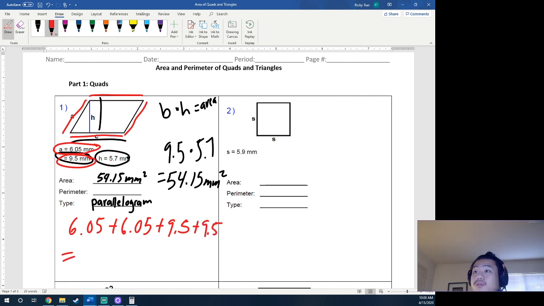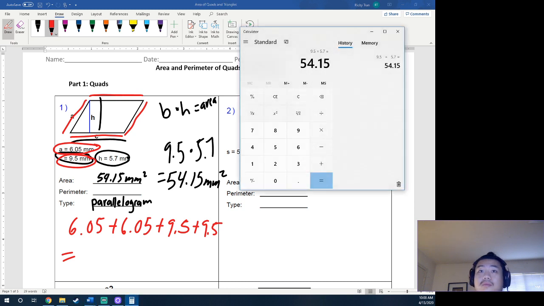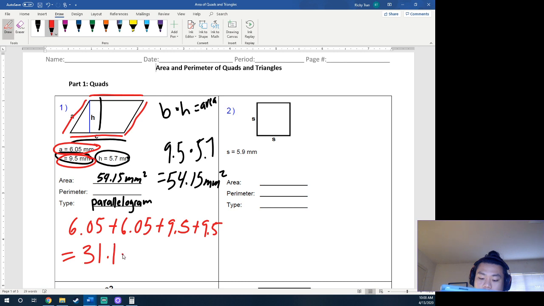That is 6.05 plus 6.05 plus 9.5 plus 9.5, which is 31.1 millimeters. So your perimeter is 31.1 millimeters. Add all sides.